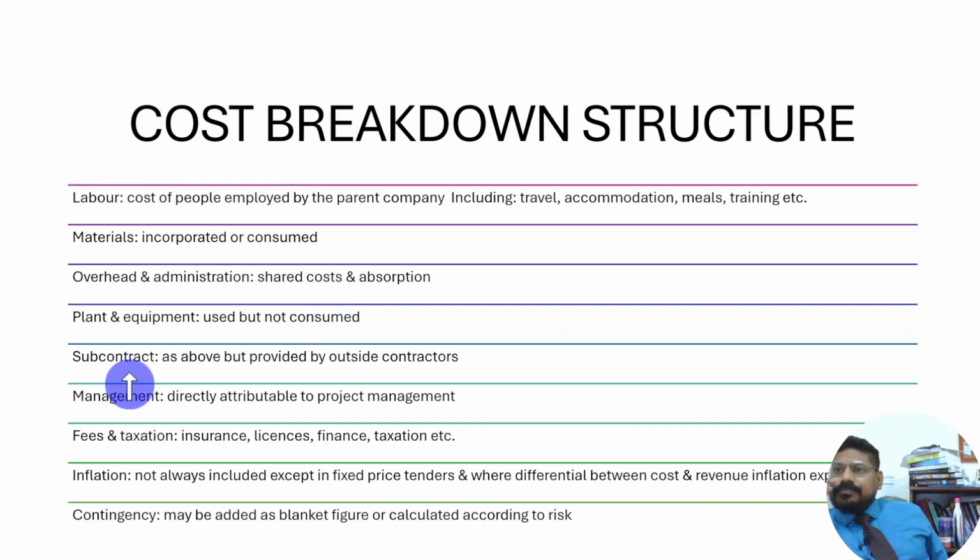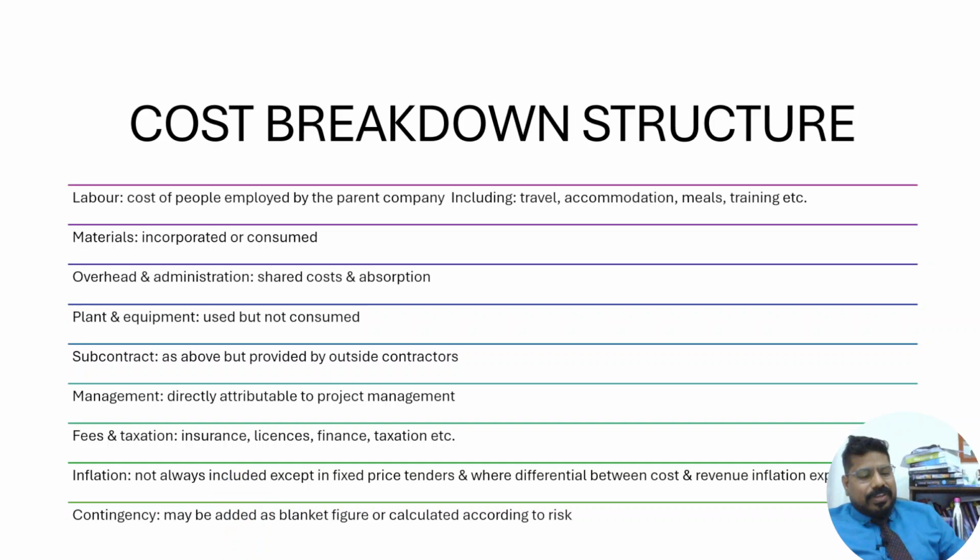Subcontract, that is, whom you have given the contract. Management is directly attributable to project management. Fees, taxation, VAT, income tax, indirect taxes, direct taxes, and inflation are not always included but accepted in fixed price tenders.